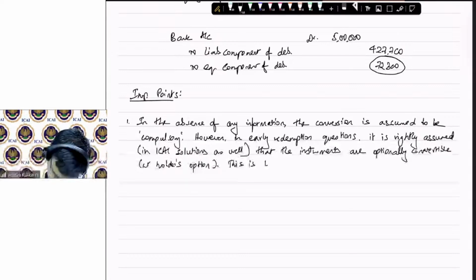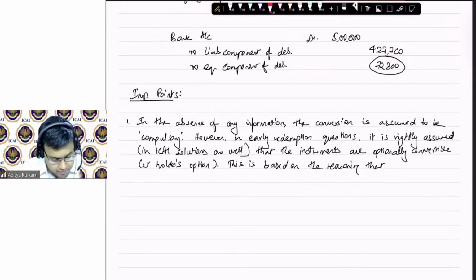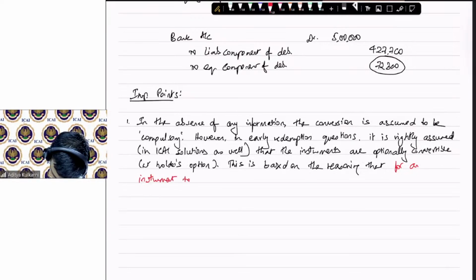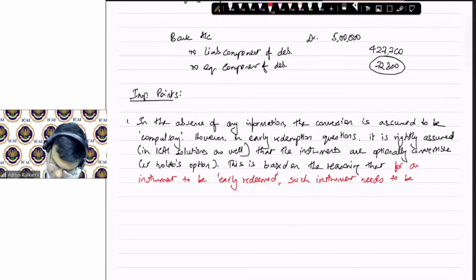This is based on the reasoning that for an instrument to be early redeemed, such instrument needs to be redeemable in the first place.